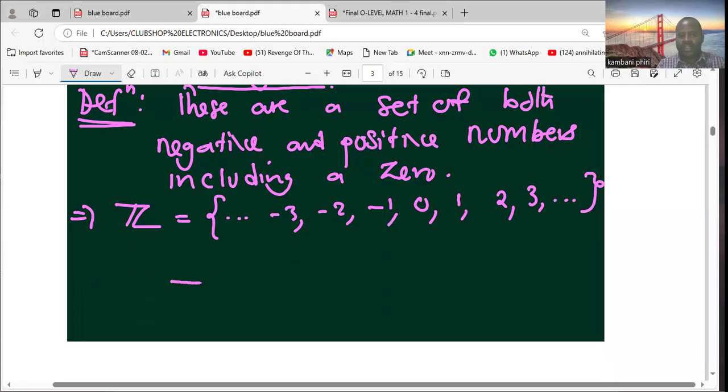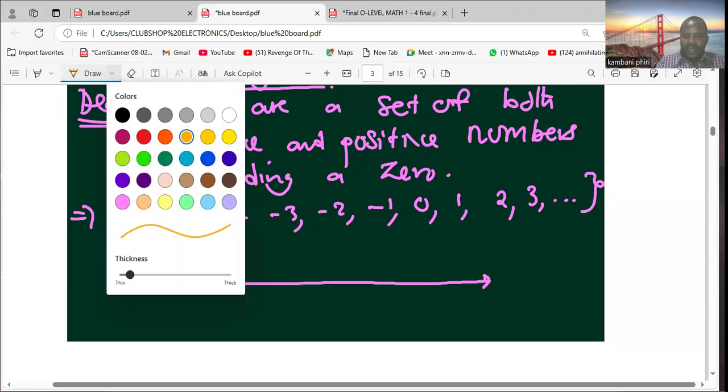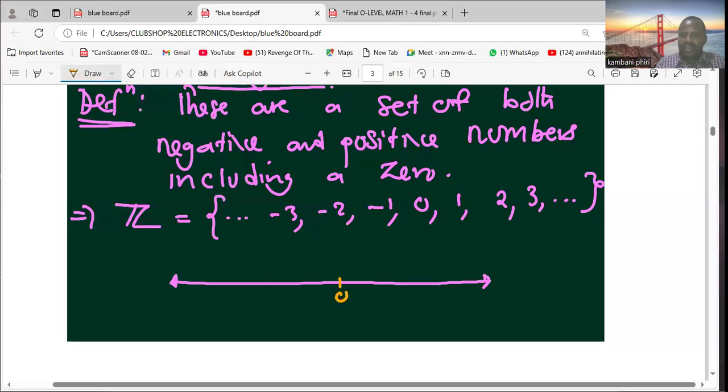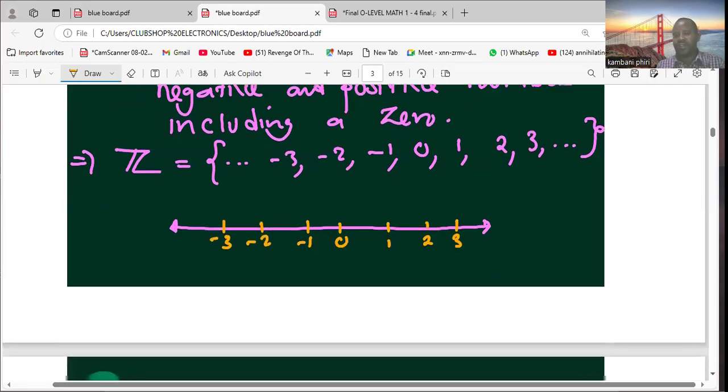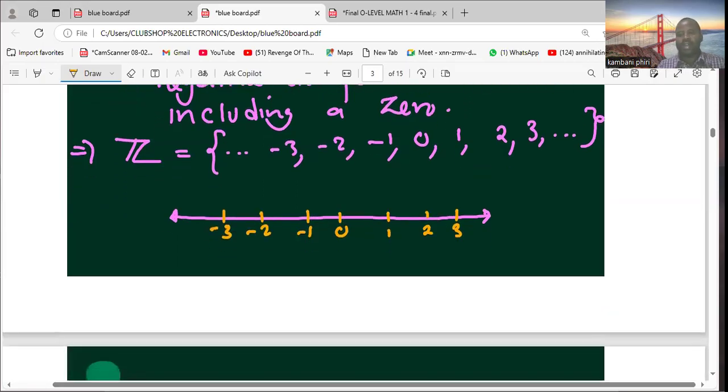If you want, you can represent this by a number line. So we have 0 here, 1, 2, 3, up to positive infinity, negative 1, negative 2, negative 3, up to negative infinity. So you can see that you can have negative integers and positive integers.